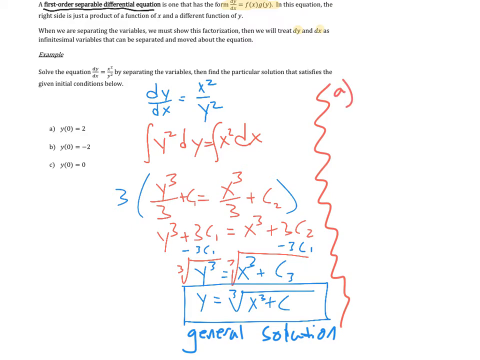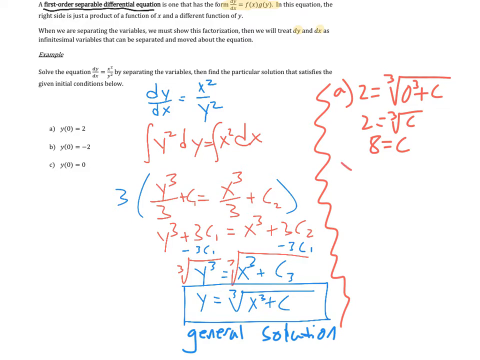Let's do that. Let's plug in 0 for x, and we should get 2 for y. All right, so 2 equals the cube root of 0 cubed plus c. Well, that's just 2 equals the cube root of c, and cube both sides, and so 8 is c.